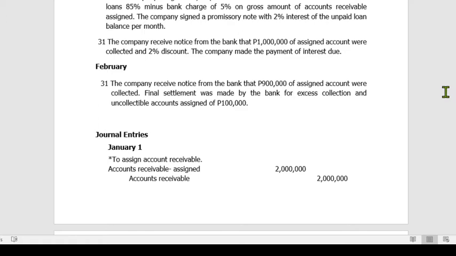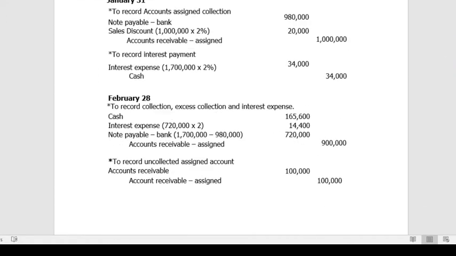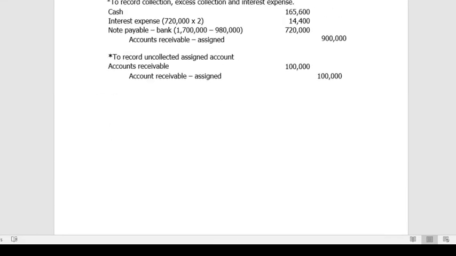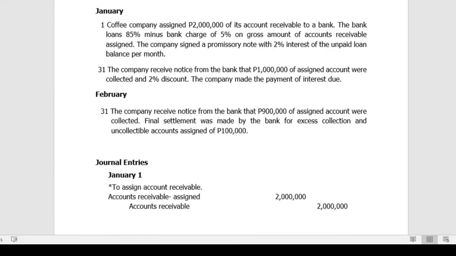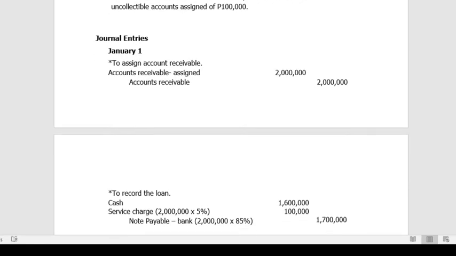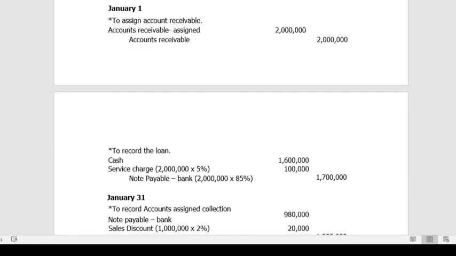Then, mag-i-issue ka daw ng note payable, ng promissory note para doon sa loan balance. Tapos may 2% interest pa yon every month. So how do we recognize this? Okay, how do we recognize this entry on January 1? To record the loan.